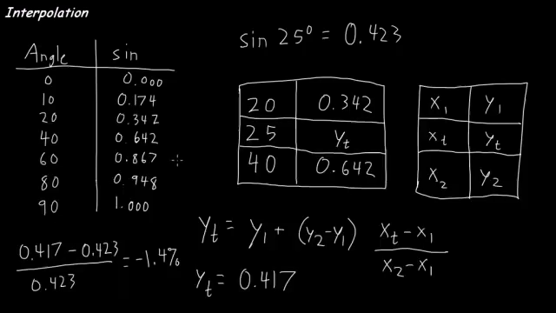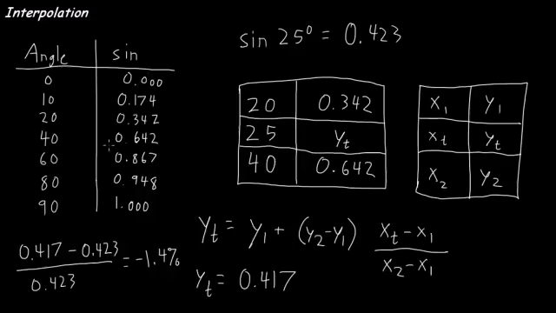Now I want to point out to you that sometimes you're going to get functions where the x values could be negative values, and the y values could be negative, and in this case, both are increasing. From 0 to 90 is an increase, and from 0 to 1 is an increase. But sometimes the x value is increasing and the y value decreases, or the x value decreases and the y value increases.